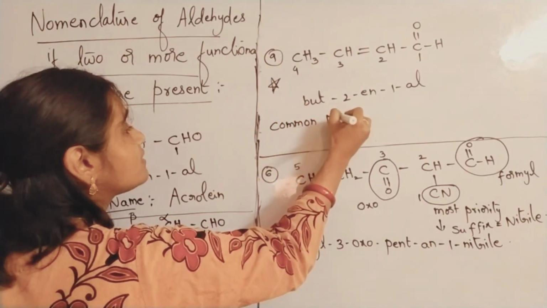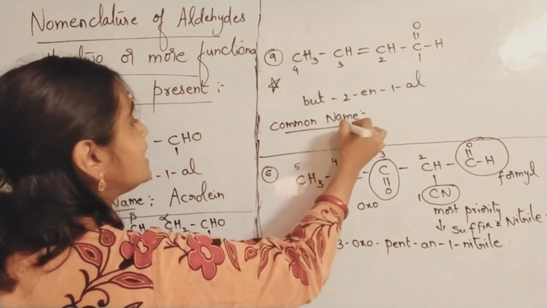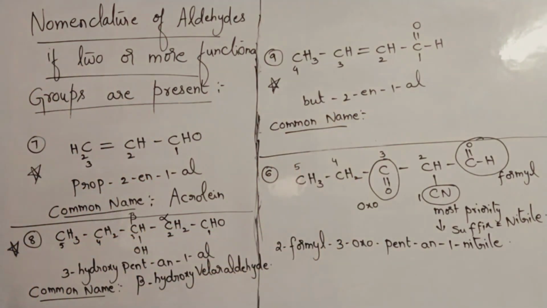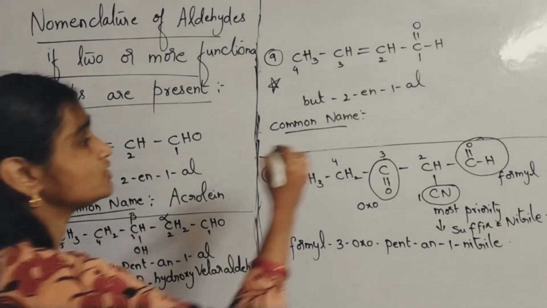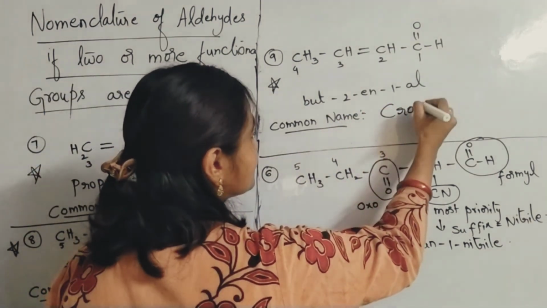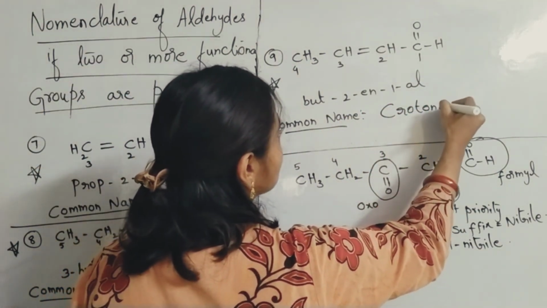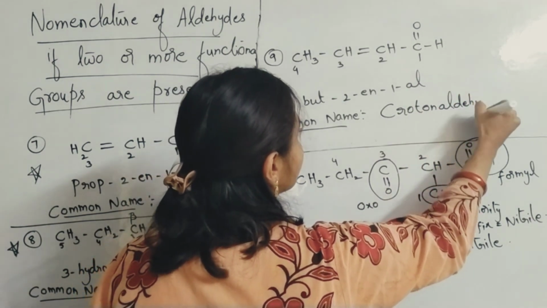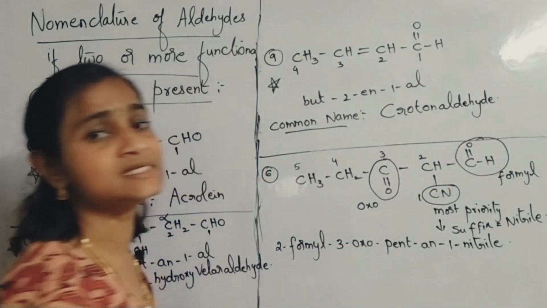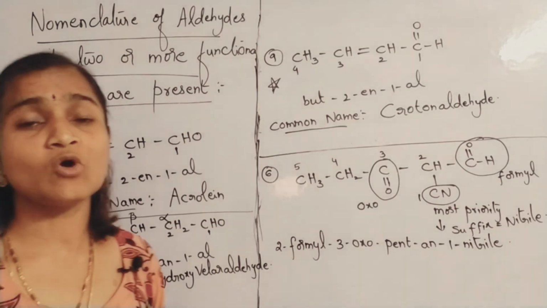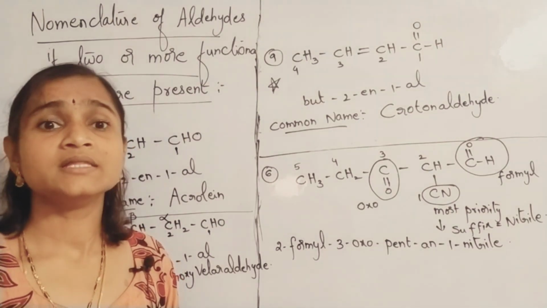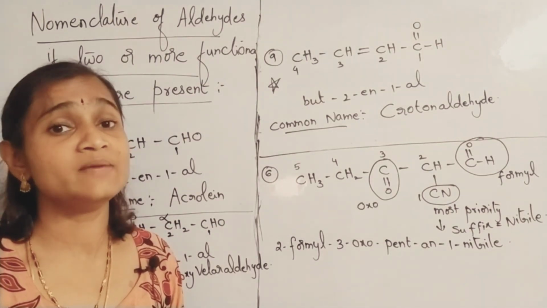What is the common name for but-2-en-1-al? Crotonaldehyde. This is only which you have to concentrate. Crotonaldehyde is the common name for this compound. Sometimes common names are also being asked, that's why you have to concentrate on common names also.